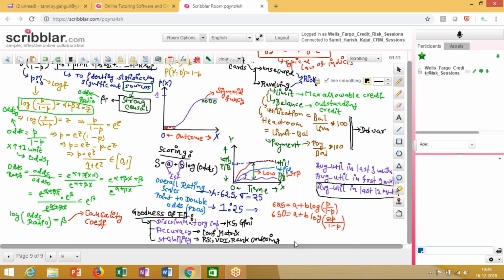So let's just try and understand the basics of assessing the goodness of fit of the models. So how does that actually work? Before I go into that, a very important concept that we need to have an understanding of over here is the concept of score deciles.